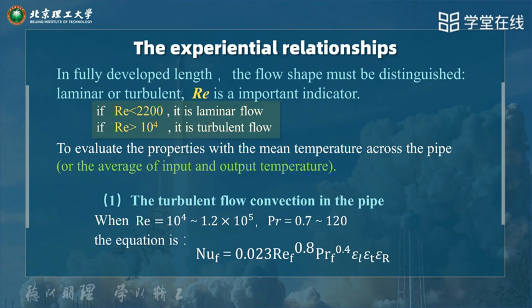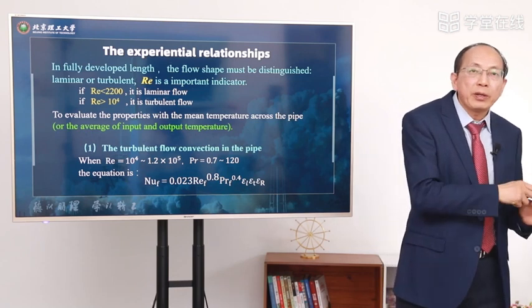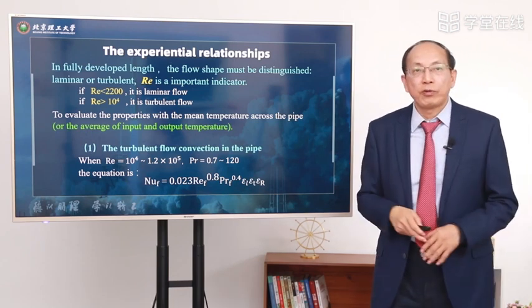If the Reynolds number is larger than 10,000, it is certainly turbulent flow. If the Reynolds number is larger than 2,200 and smaller than 10,000, this region is the transition region. It may be neither laminar flow nor turbulent flow.